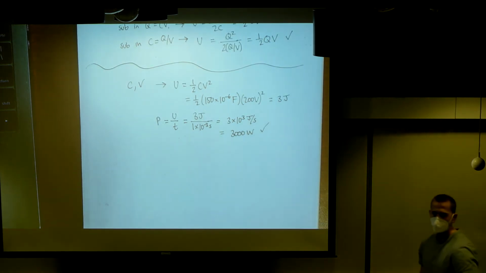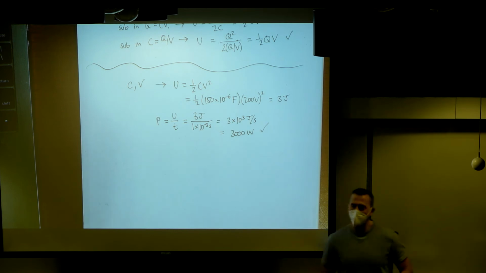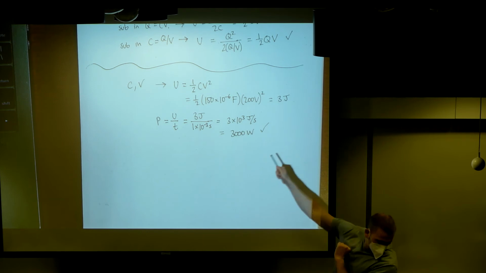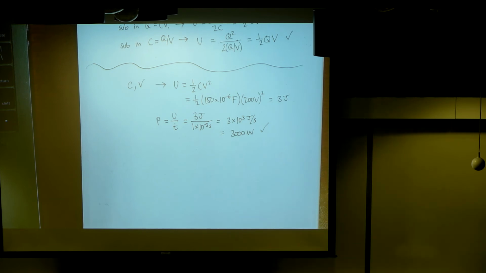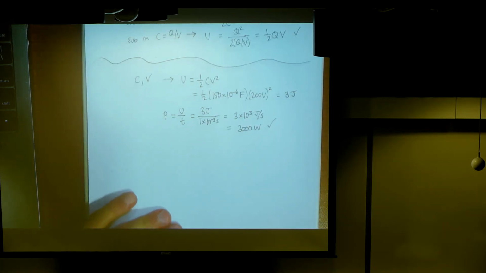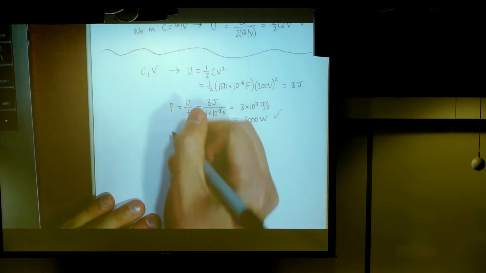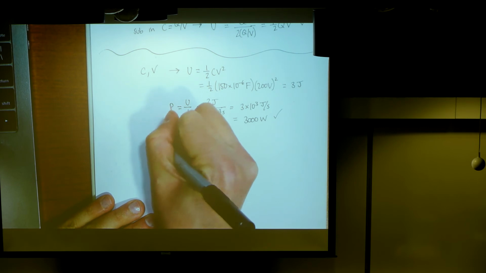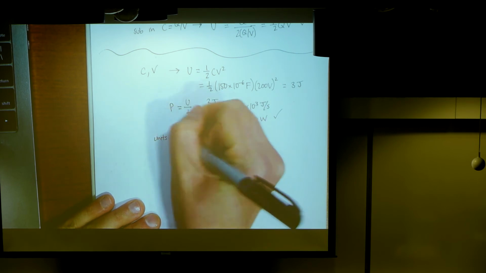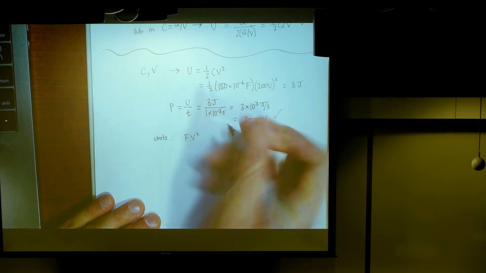Okay? Any questions? How does the farads times volts squared come out to joules? Yeah, we can go through that. It takes a minute, but here, farads times volts squared is what we have, right?